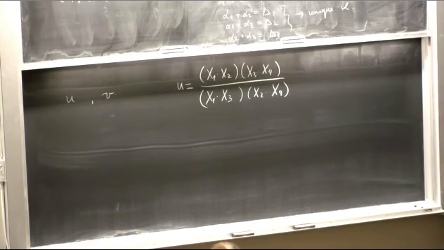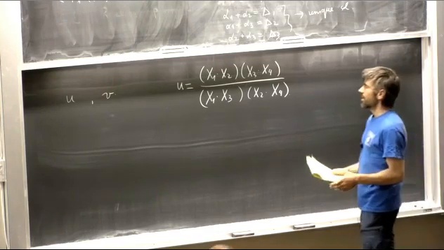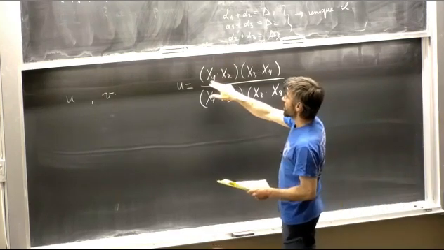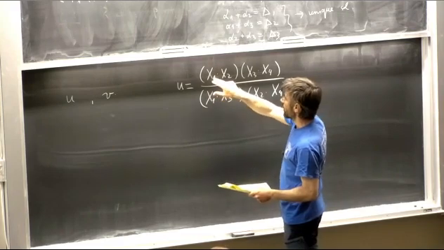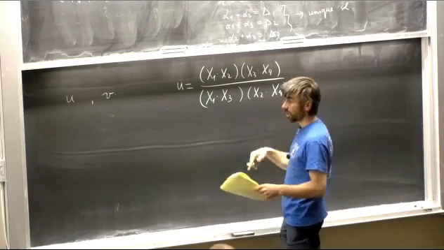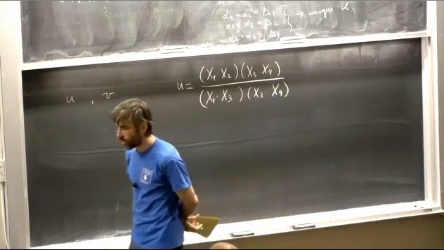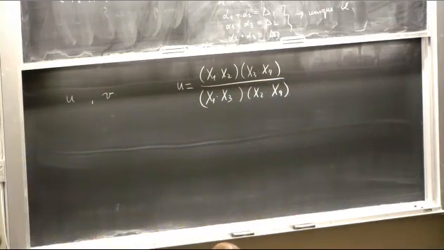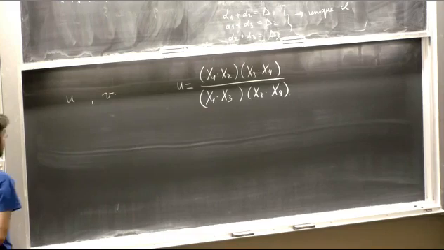Now you see that this expression is invariant under rescalings of x1, of x2, of x3, and of x4. So it's completely invariant under rescaling of any of the four vectors. And in addition, it's also Lorentz invariant because it's only written in terms of scalar products.